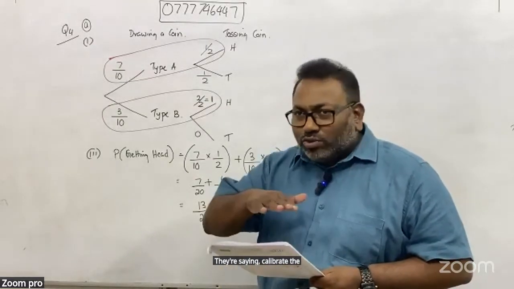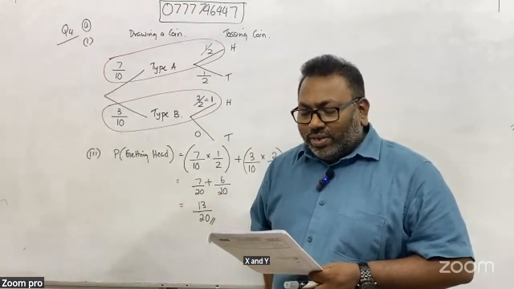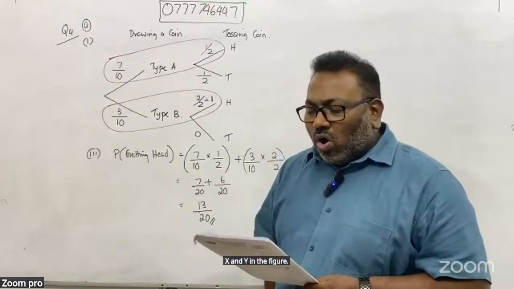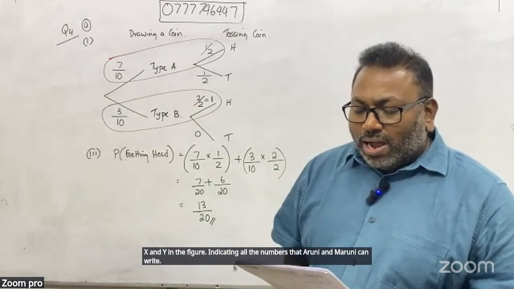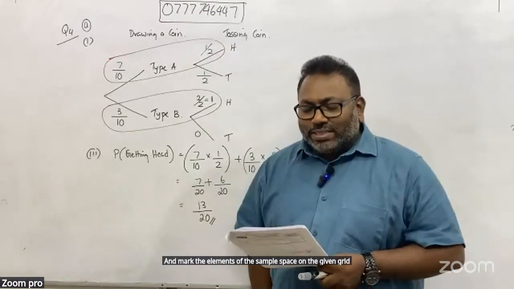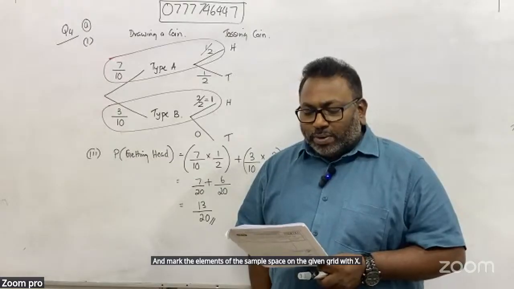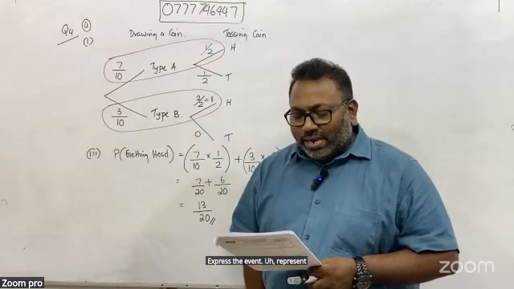You need to draw the axis x and y in the figure, indicating all the numbers that Aruni and Varuni can write, and mark the elements of the sample space on the given grid with X. Express the event represented by A in words.